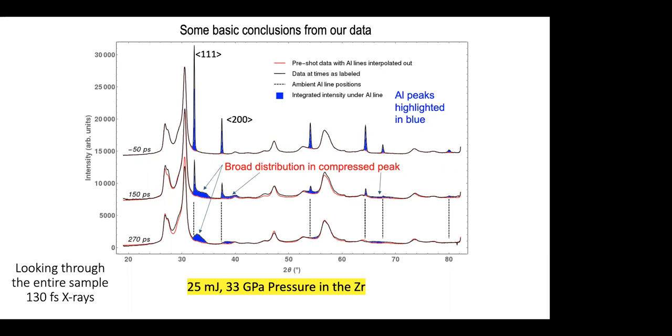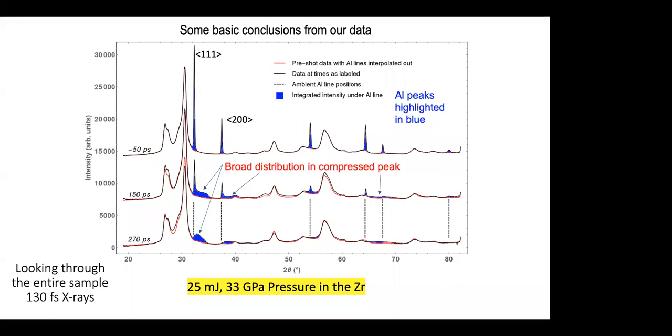We see this broad distribution, and I don't think there's much we can do about that. Even if we had a pressure pulse that was uniform at the ablation plane, because the timescales are so short, there would be a lot of non-equilibrium phenomena going on at the shock front, including elastic-plastic transitions and possibly phase transitions if they're there.